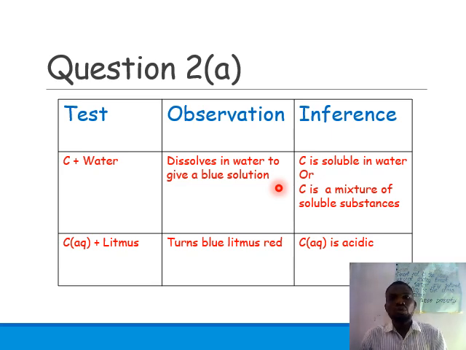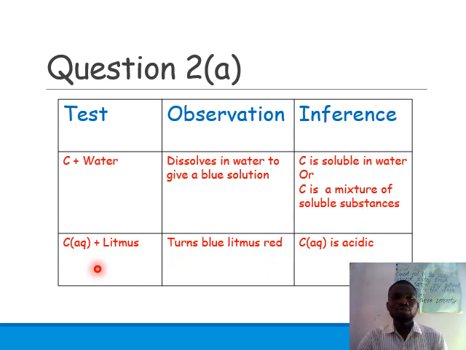So you may just go on with your test. It dissolves in water to give a blue solution, of course because of the copper present in it. So what is your inference? You can say C is soluble in water, or you can say C is a mixture of soluble substances, depending on your choice.